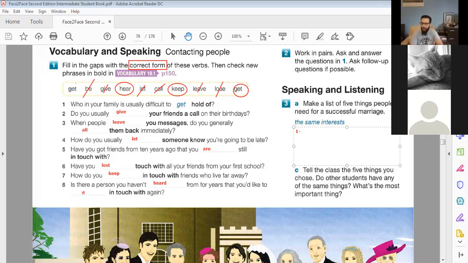You can just think of 2 or 3 things which you think are essential or important for a successful marriage. So here there's an example, the same interests. We could argue that this is a good point, yes, maybe, but not necessarily if you think of it. But anyways, let's say it's an idea. What else do you think is important for a successful marriage?